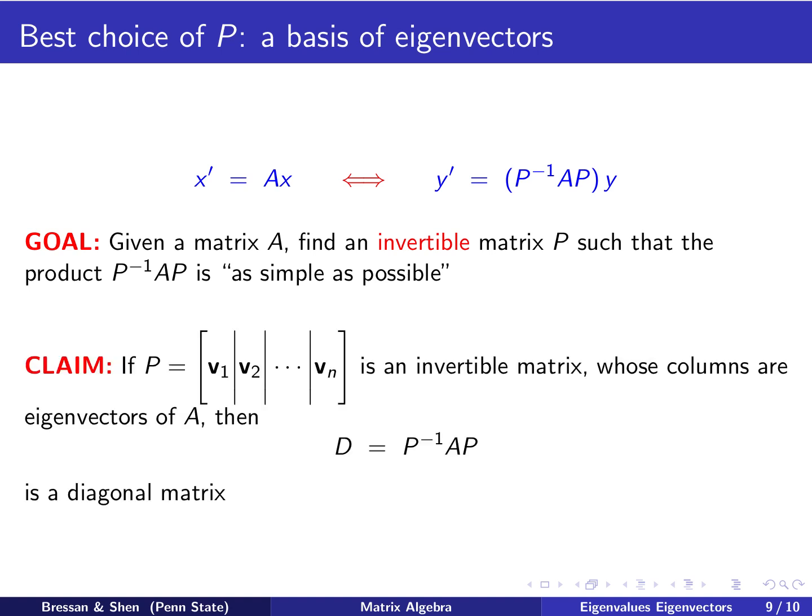Okay, so we make a claim first. If we choose the P matrix to be a collection of vectors V1, V2, and Vn, if it is invertible and the columns of this matrix here, V1, V2, Vn, are eigenvectors of A, then this product, which would be the new matrix for the transformation in the new coordinate, we call it D. So D equal to P inverse times A times P here.